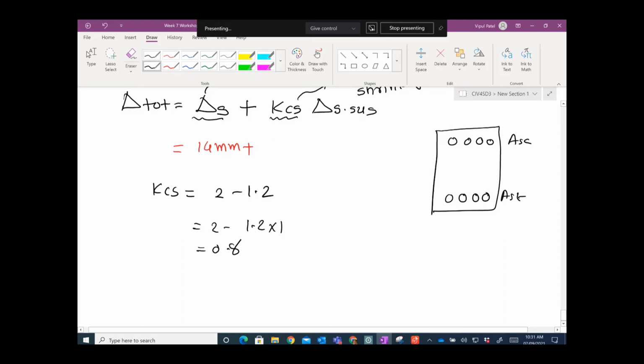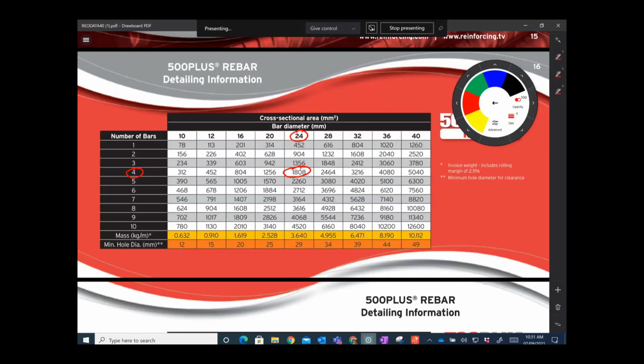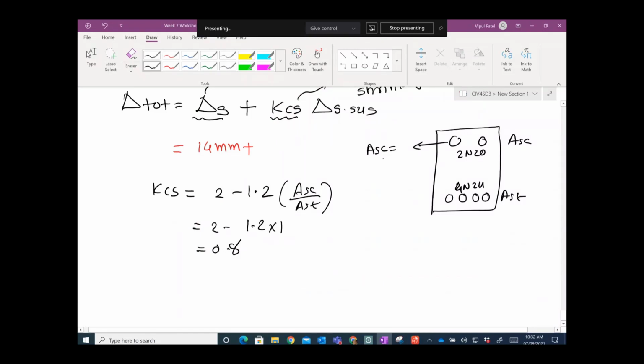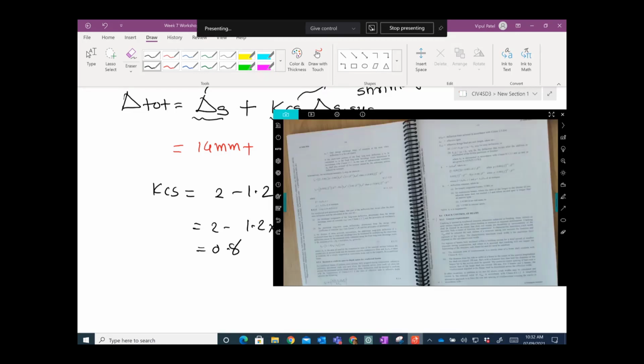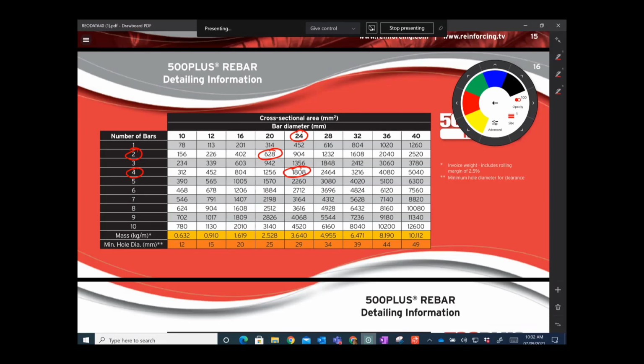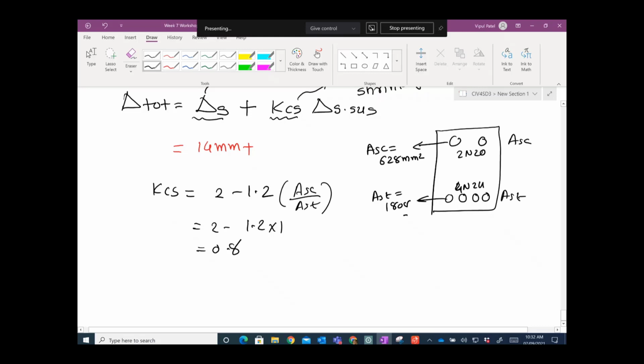But we have ductility and all these other considerations, so in our case we have 2 N20 bars and 4 N24 bars. Here ASC, 2 N20 bars, is 628 millimeter square, and AST, 4 N24 bars, is 1808 millimeter square.